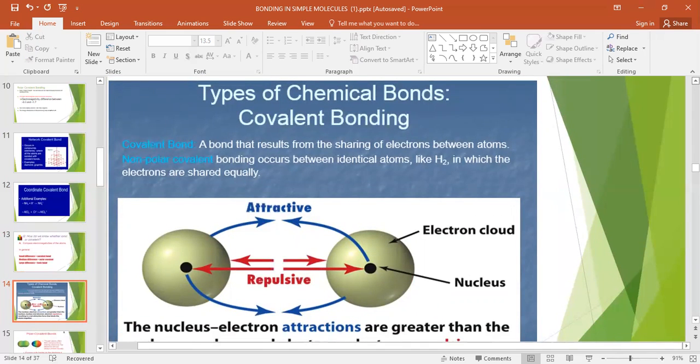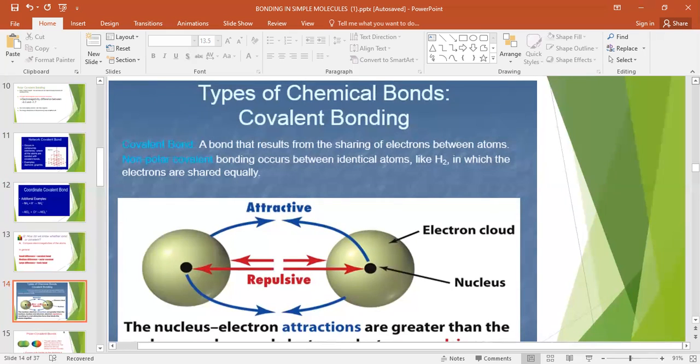Here this is also the summary of what I explained before. The types of chemical bonding: the covalent bond forms as a result of sharing of electrons. I told you that when they share electrons, it means there is attraction between both atoms. That attraction we call electronegativity between two atoms.